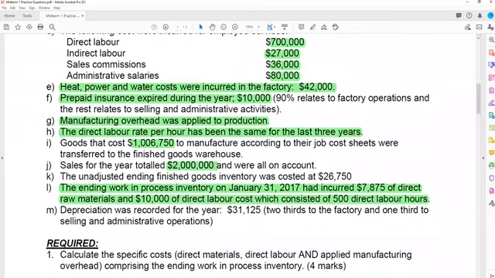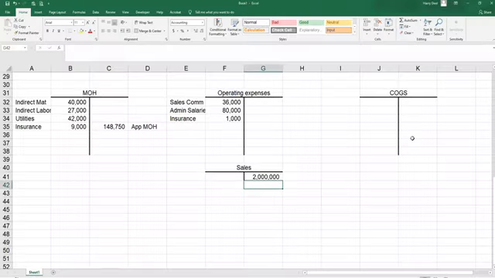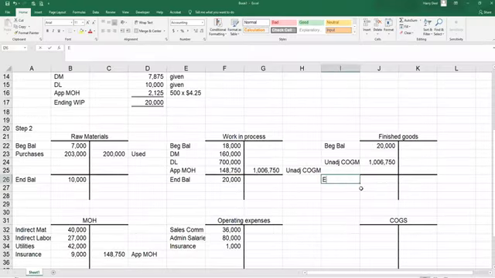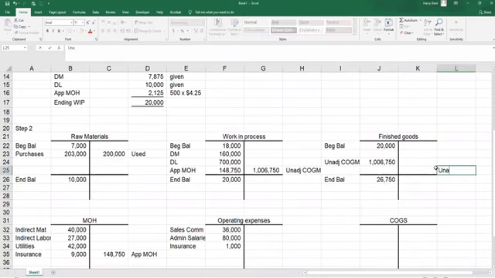The unadjusted ending finished goods inventory was costed at 26,750. So ending finished goods inventory is 26,750, which means the unadjusted cost of goods sold for the year can now be calculated: beginning finished goods inventory plus the cost of goods manufactured minus the ending balance of finished goods, $1 million.